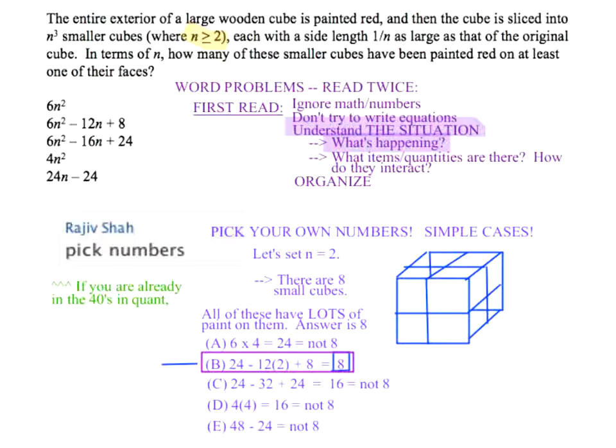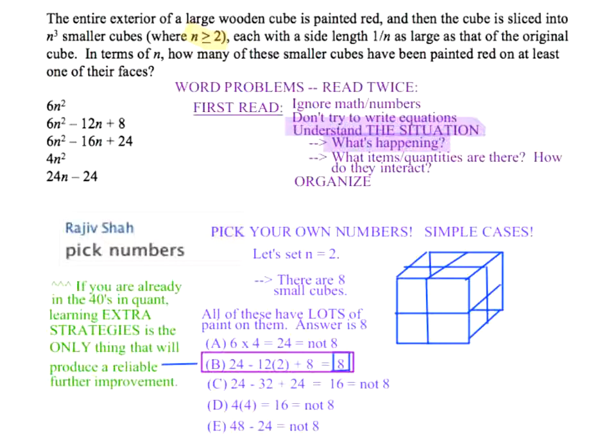That will not improve your score if you are already in the 40s. If you are already in the 40s, then learning extra strategies like this one is absolutely the only thing that will improve your quant score, a reliable further improvement.